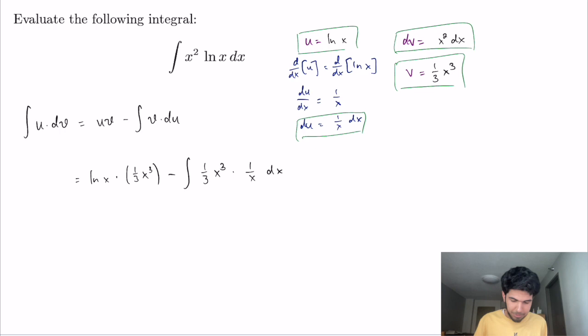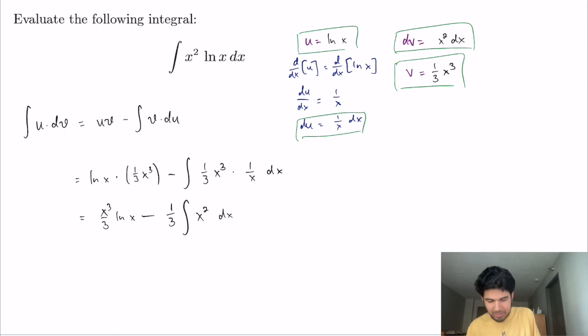The integral can simplify a little bit. We see that some x's will cancel out. So on the outside, we have 1/3 ln of x, let me make that x cubed over 3. And then we're subtracting away. Let's bring the 1/3 out in front of the integral. x cubed over x is just x squared dx.